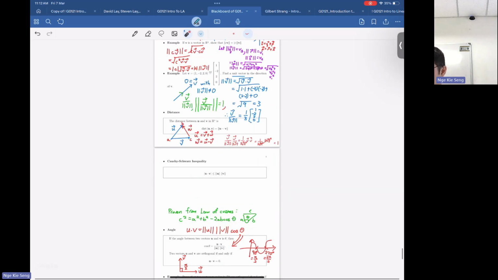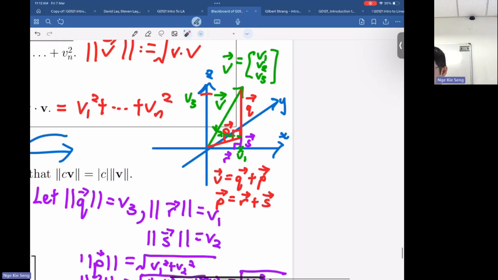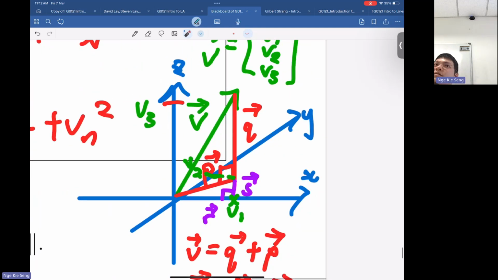Just now I showed you the n-dimensional Pythagoras theorem. You do the triangle, you do two triangles here. So you project from a 3D space to a 2D space, and then you project to the x-axis. And you also can project to the y-axis.